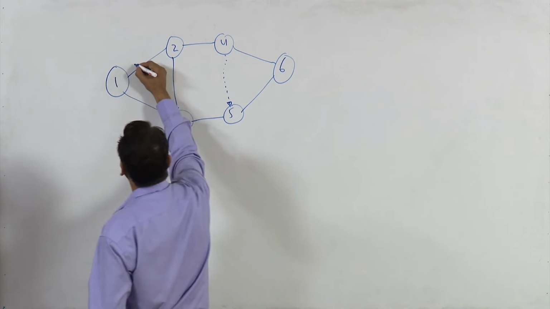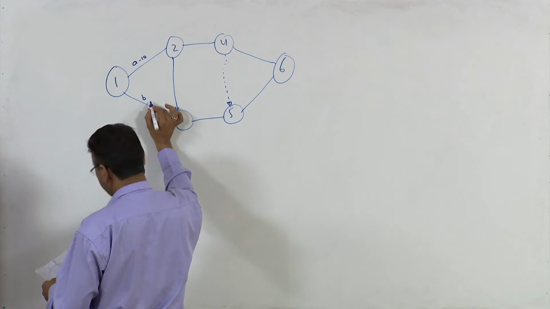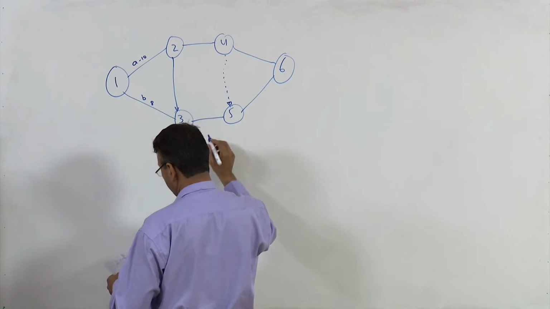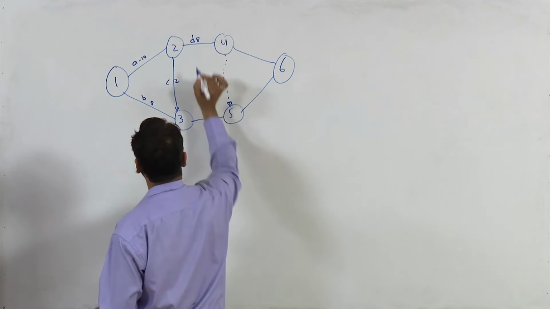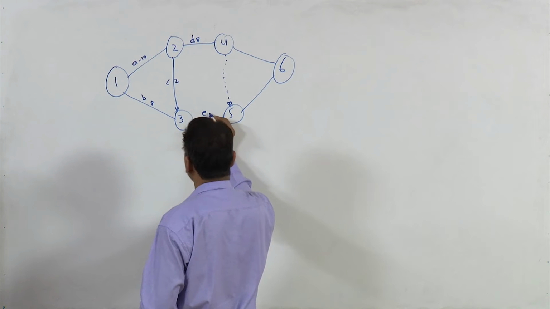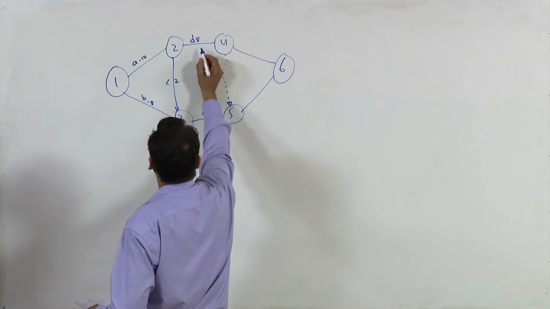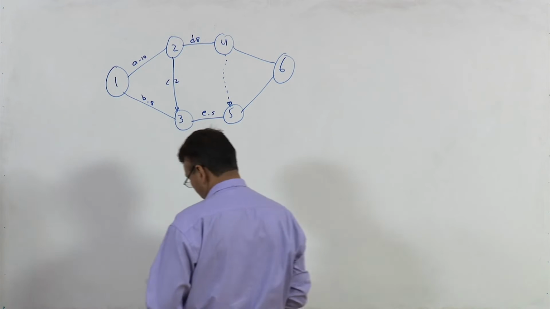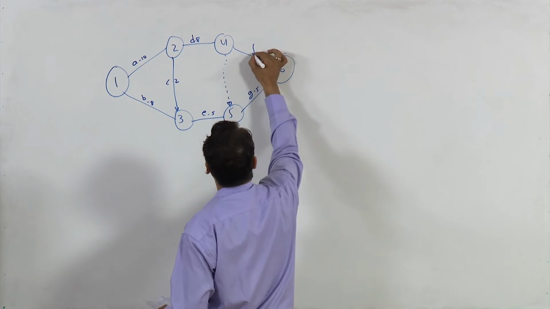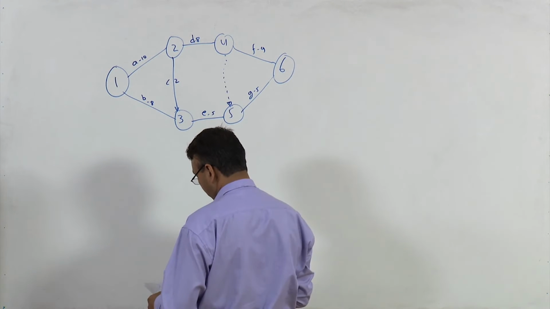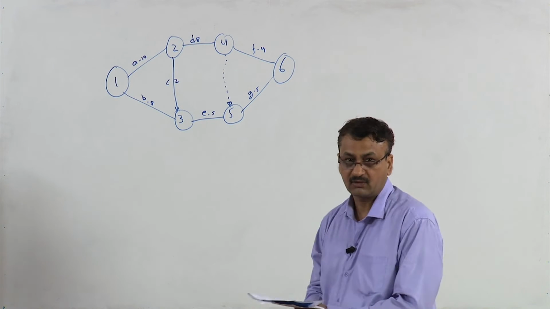So this is activity A, its duration is 10, activity B, its duration is 8, activity C, its duration is 2, activity D, its duration is 8, activity E, its duration is 5, F is 5, G is 5, F 9, and this is of course a dummy activity. So we will calculate all these floats.